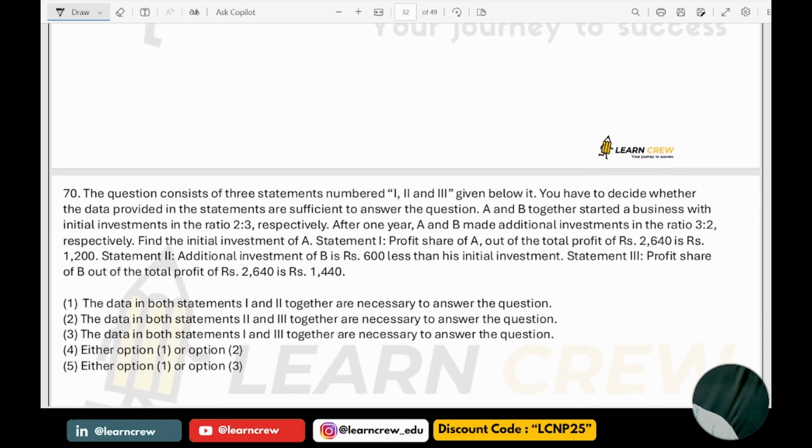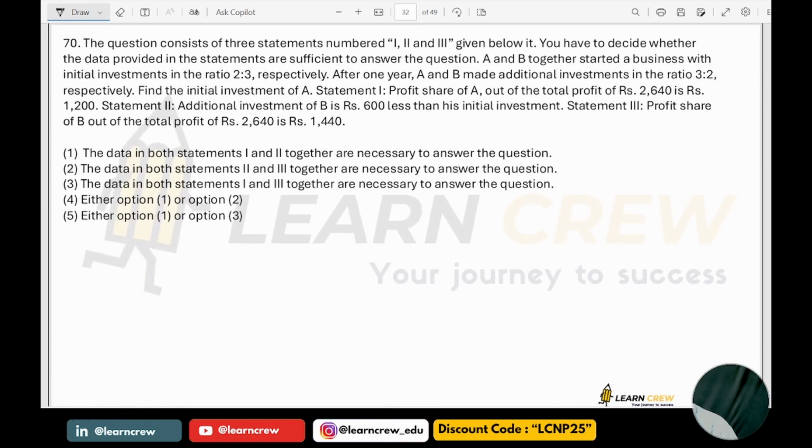Now question number 70. A and B together started a business with initial investments in the ratio 2:3. After 1 year, A and B made additional investments in the ratio 3:2 respectively.